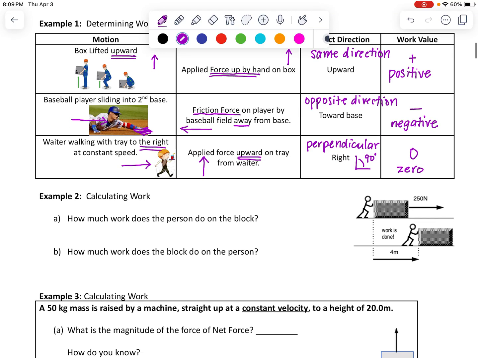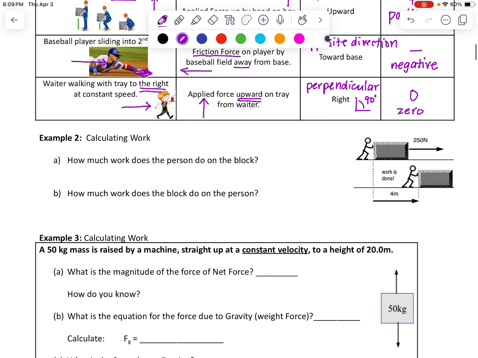Second example, calculating work. How much work does the person do on the block? Notice the person's force is 250 newtons. I'm just going to highlight that. 250 newtons is the force. And the direction is the same direction as the force.